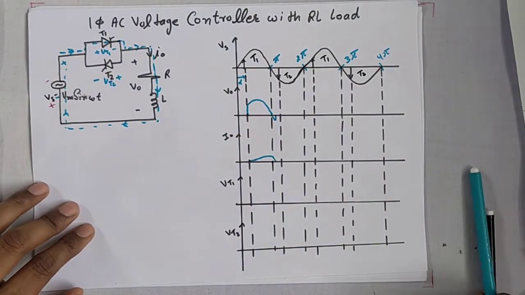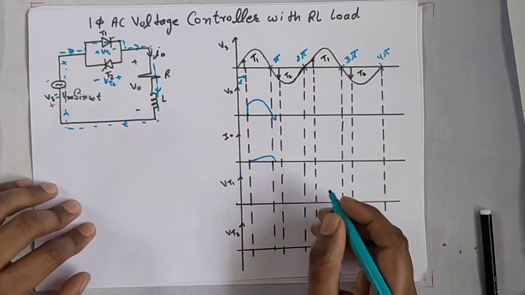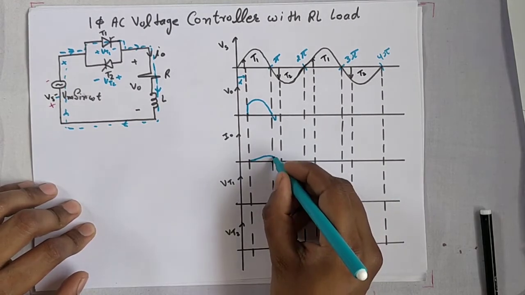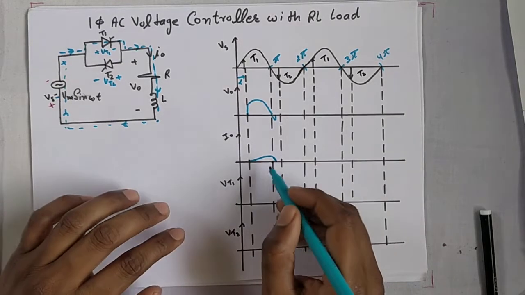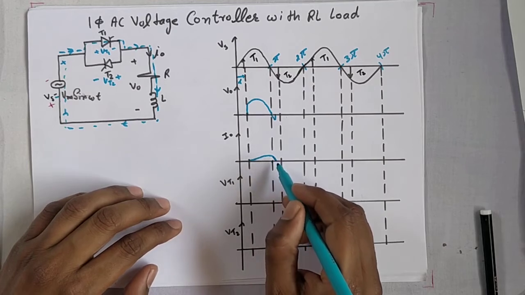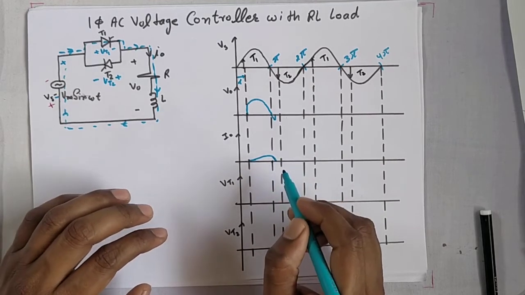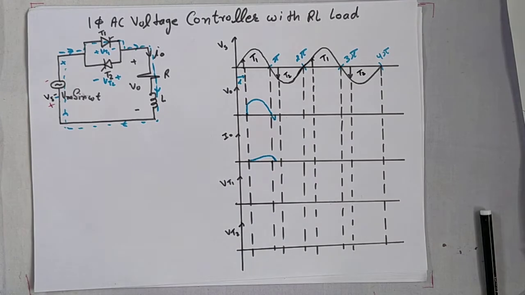Then again, at this point the energy of the inductor is released to the circuit. Why does it increase slowly and decrease slowly? Because the inductor cannot allow a sudden change in current across it.